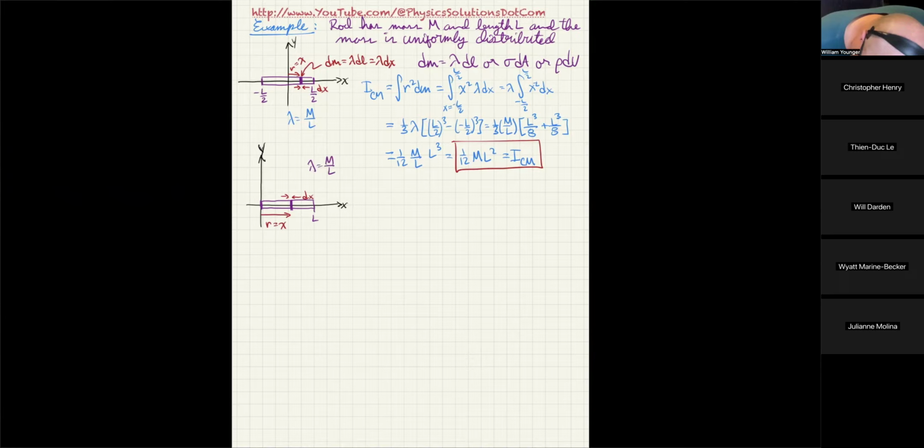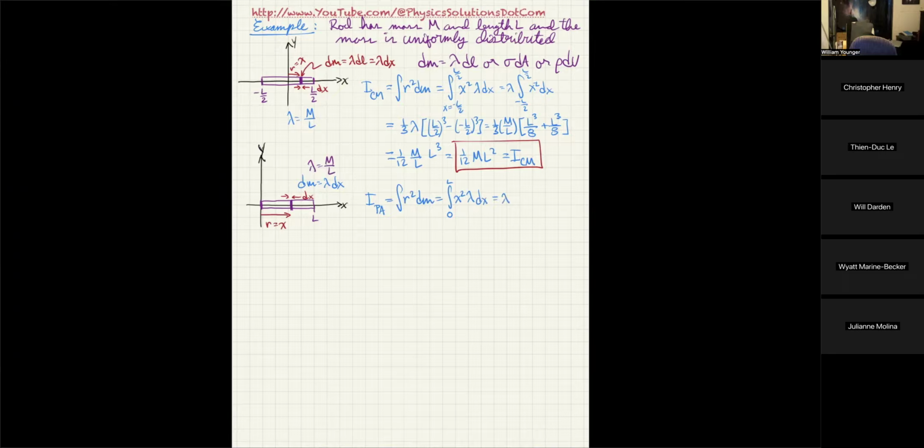Now I can compute I through a parallel axis, which is equal to the integral of r squared dm. We've already said that r is actually x, so I'm going to do the integral from 0 to L of x squared, and the dm is equal to lambda dx again.